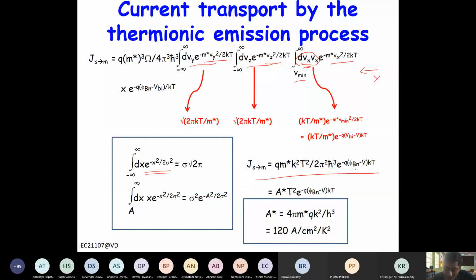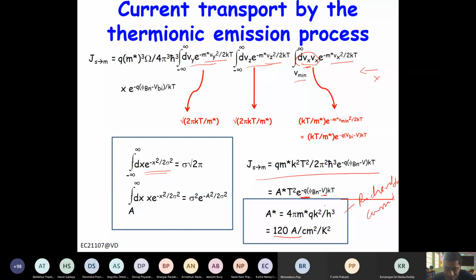Now here A is called the Richardson constant, and its value is fixed, 120 ampere per centimeter square per Kelvin square. And you notice one more thing here. This is exponential of minus q phi B by kT, and exponential of qV by kT, right?